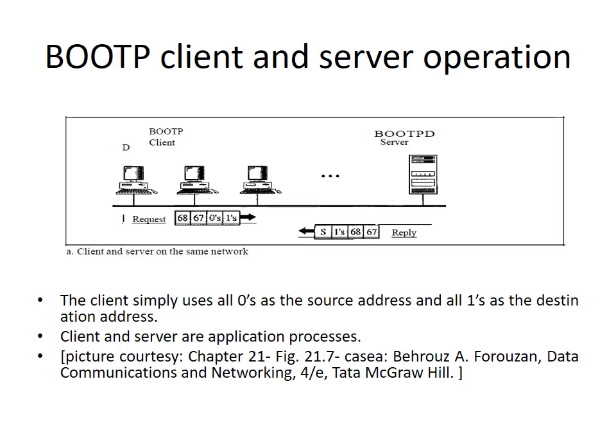In the case of Bootstrap client and server operation, the client doesn't know the IP address of the server, so while delivering the Bootstrap request, which is a broadcast message, there needs to be an intermediate agent.